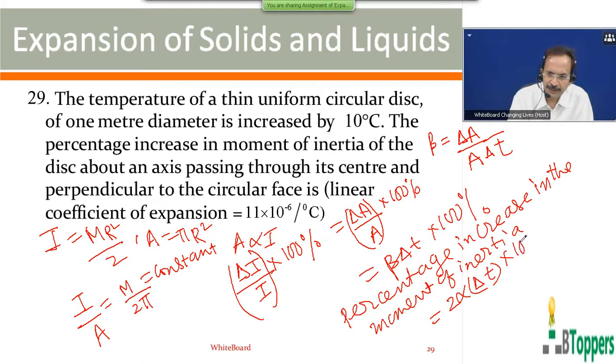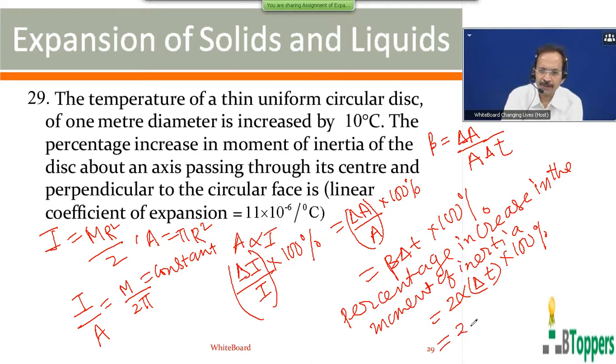That is the percentage increase in the moment of inertia of a uniform rod, and the same formula applies even for a uniform circular disc about an axis of symmetry, or a uniform solid sphere. It is equal to 2 times the percentage increase in the linear dimensions, or 2 alpha delta T times 100%.